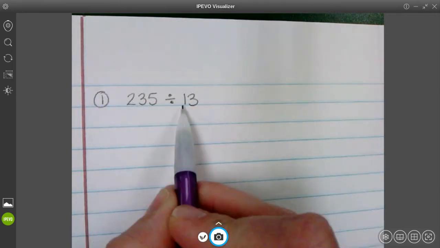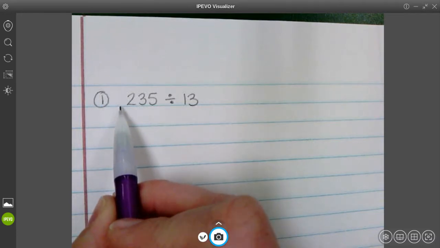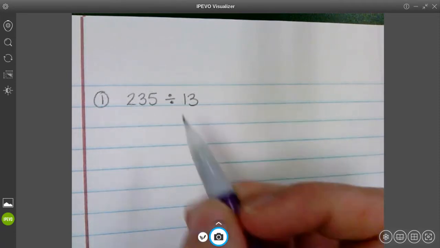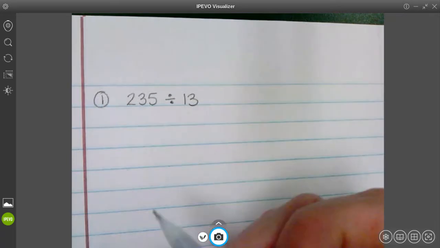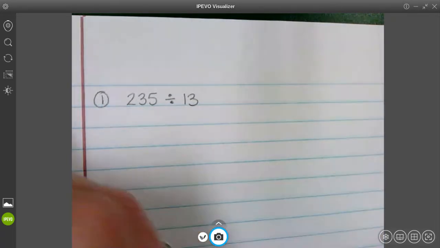Now, on our standard for fifth grade, we can go up to 4 digits, but we're just going to start with a 3-digit number divided by a 2-digit. Now, 13 is one of those numbers that we haven't had to memorize as far as basic facts go.